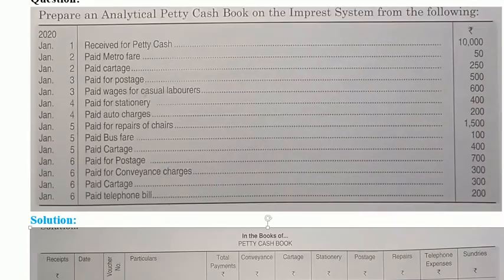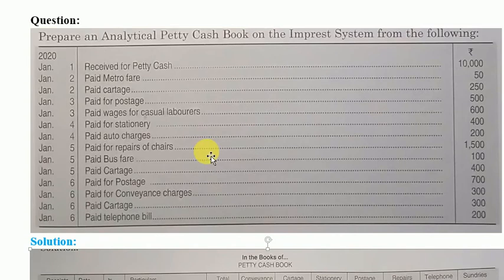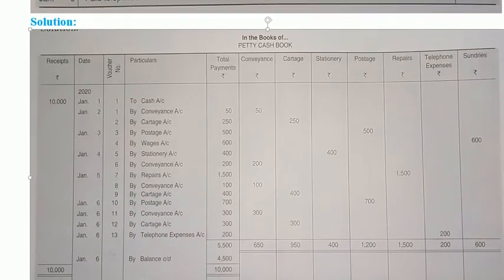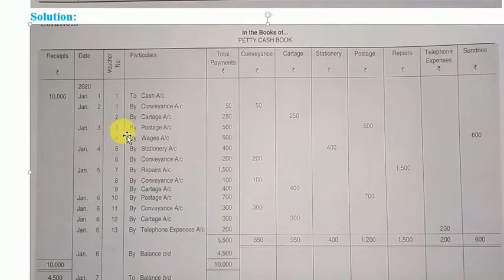And now proceed towards another transaction, that is paid for postage on January 3rd amounting to rupees 500. Now you can see January 3rd, voucher number 3, By postage 500 rupees is recorded on the payment side, and this is also recorded in the postage column to find out how much postage expense was incurred during this month. For that purpose we record it in the postage column also.